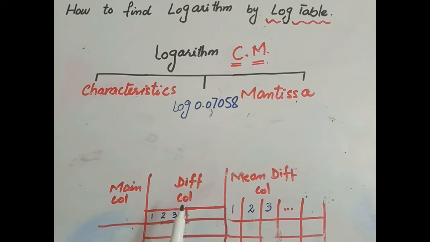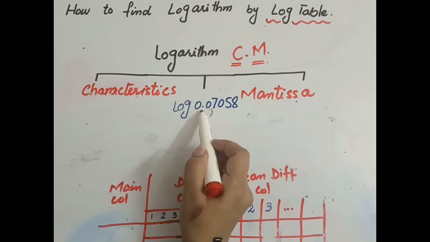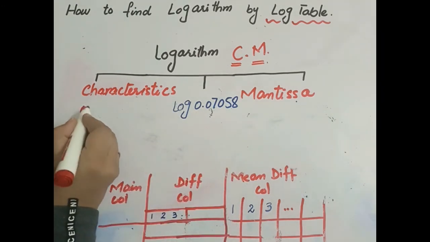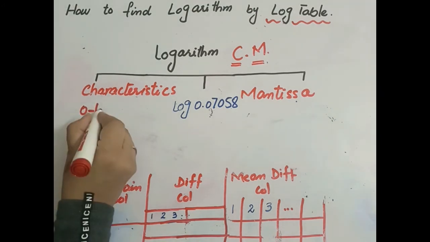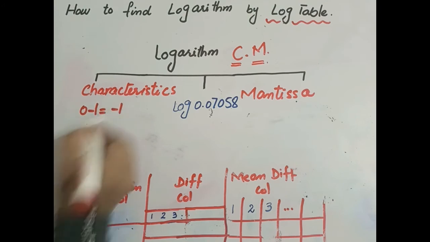Now we are going to find the log of 0.07058. I have told you that first of all we find the characteristic of 0.07058. Here you can see that in the integral part there is no digit, so 0, and you have to subtract 1, so it will be -1.